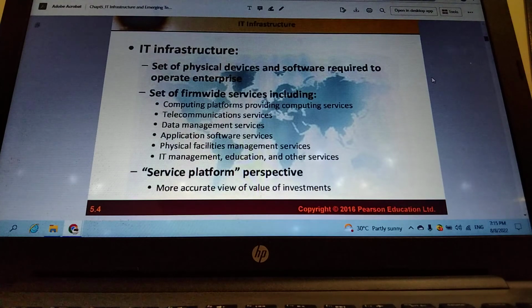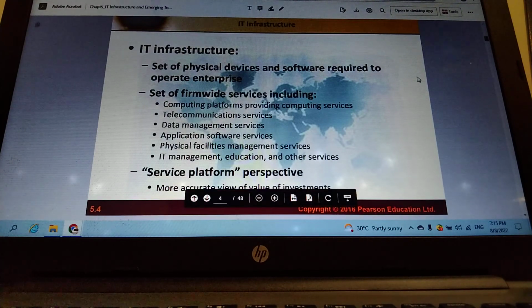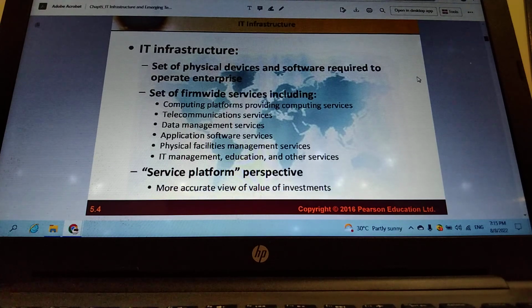All right. So with that, let me start on IT infrastructure. Let's take a look at what IT infrastructure is. IT infrastructure means a set of physical devices and software required to operate the enterprise.